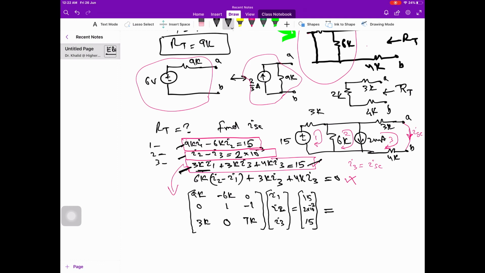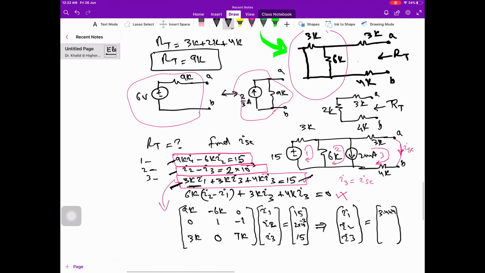If I solve these equations, then I1, I2, I3 will be 3.444, 2.666 and 0.666 milliampere.